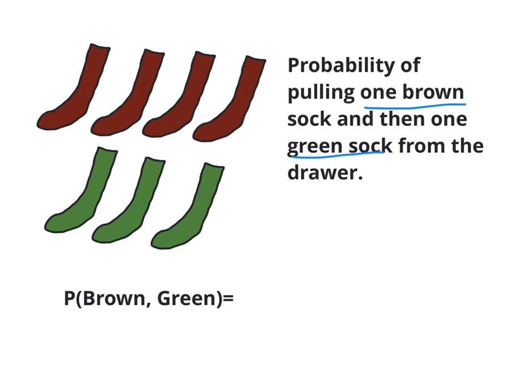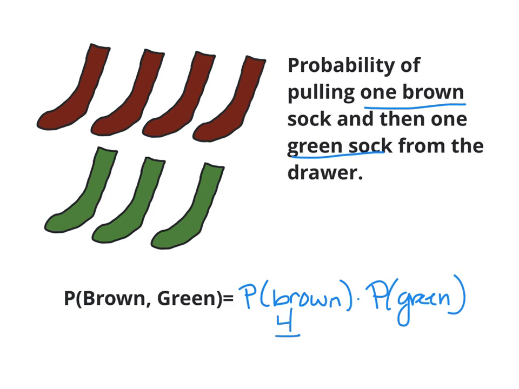and we're going to find the probability first of pulling a brown sock, and then we're going to multiply that by the simple probability of pulling a green sock. So there are 4 brown socks out of 7 socks in the drawer to start with. So it's 4 out of 7 are brown.